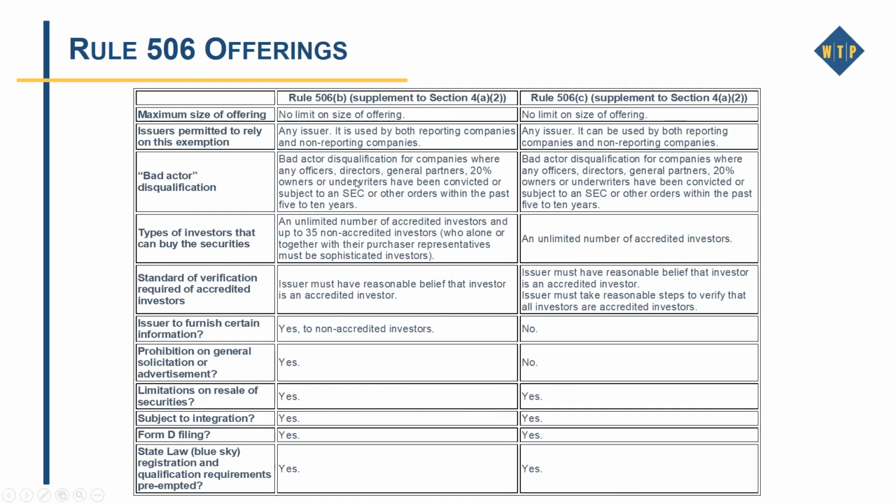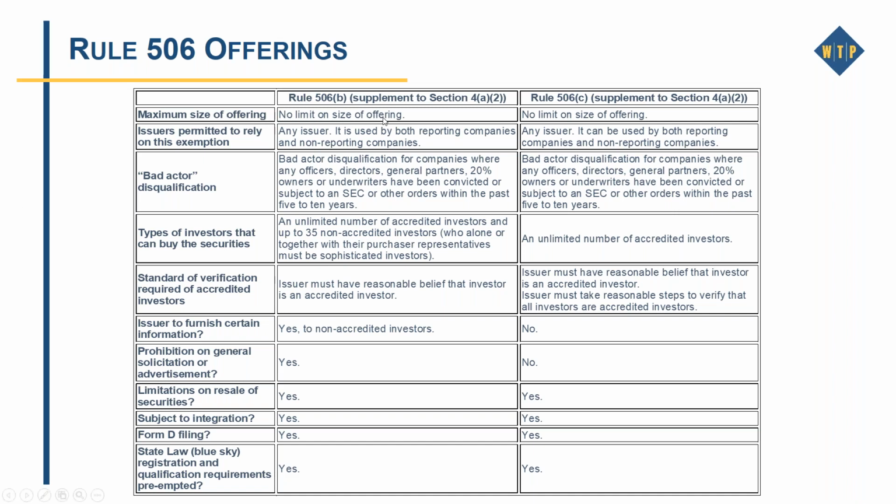And what's interesting about 506 is that there are two types. There's 506(b), which has existed for quite some time now, and then, of recent vintage, is Rule 506(c). And they're a lot alike, but they're different in a couple of respects.